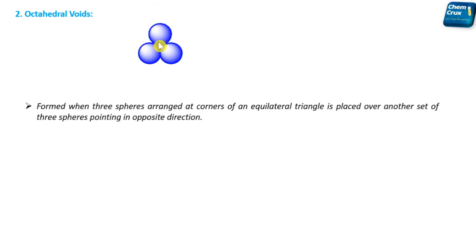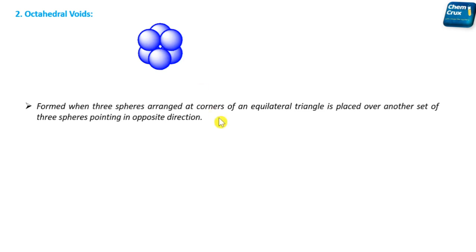So the other set of 3 spheres that we will be placing over these 3 spheres must point in the opposite direction. That is, they must point in downward side, right? So now I will be adding 3 spheres, and you can see that they are pointing in the downward direction. So the void that is being formed is actually the octahedral void.